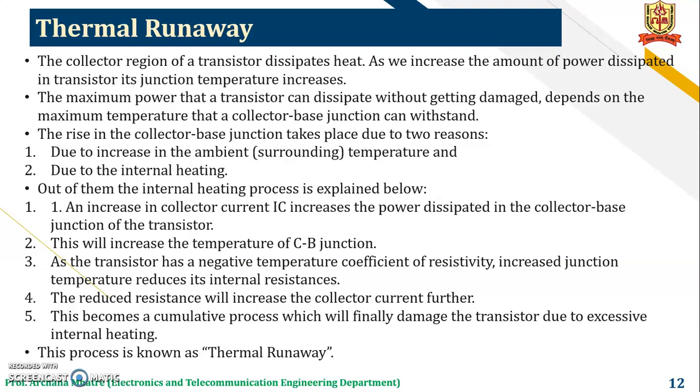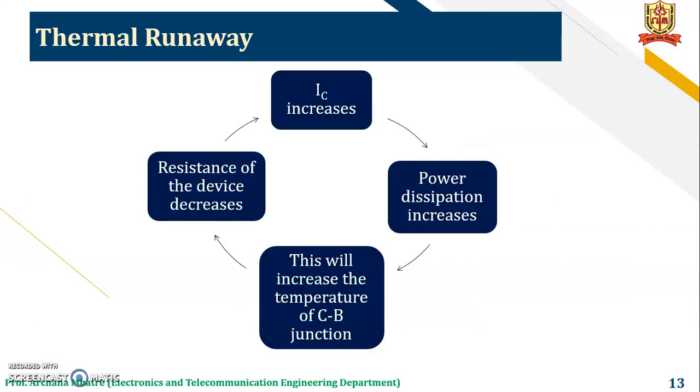The reduced resistance will increase the collector current further. This becomes a cumulative process which will finally damage the transistor due to excessive internal heating. This process is known as thermal runaway.